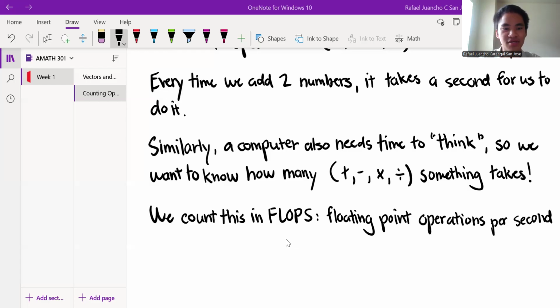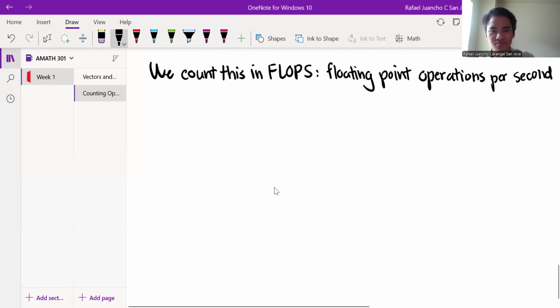So it's basically a metric for measuring computers' performance. I guess it's a way to measure how fast a computer is, in a sense. Let's look at an example to learn more about how this works.